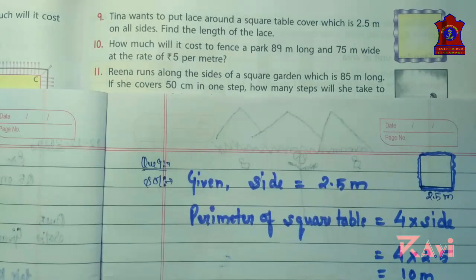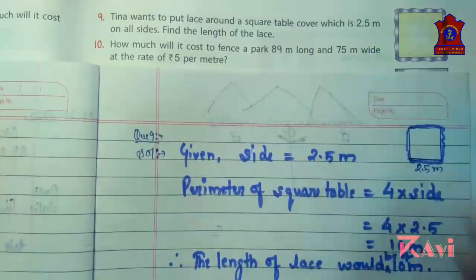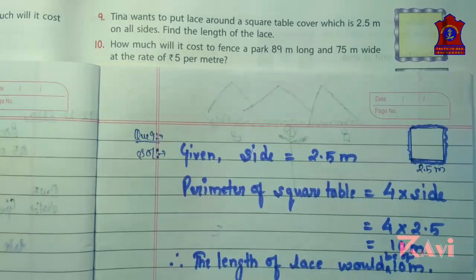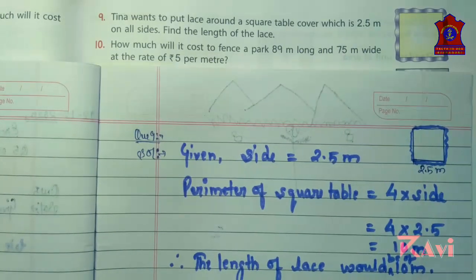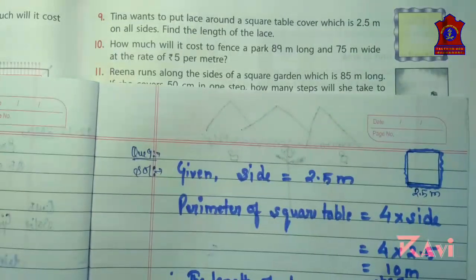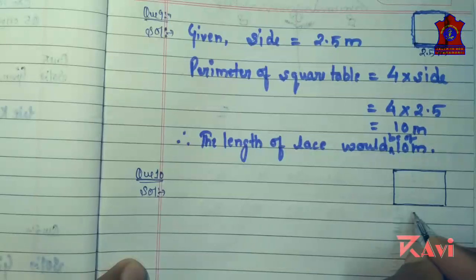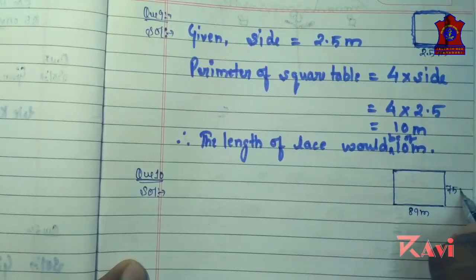Okay, first of all, we will find the perimeter of the park. See, length and breadth is given. It means it is a rectangular park. What is the length given? 89 meter. Breadth is 75 meter.